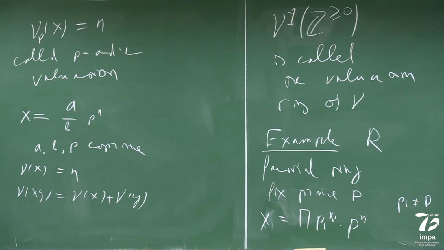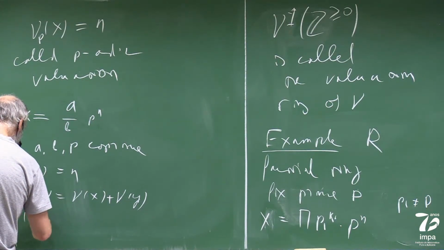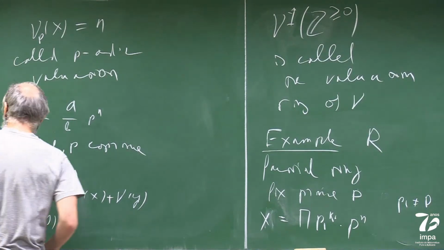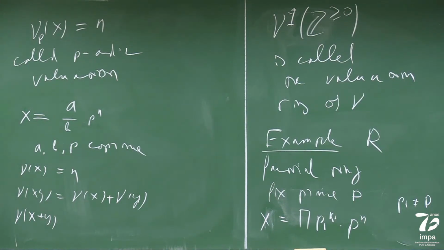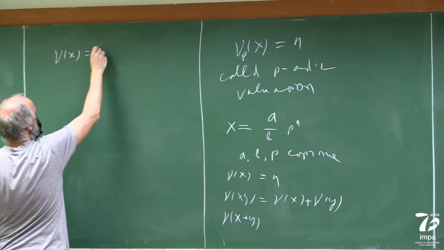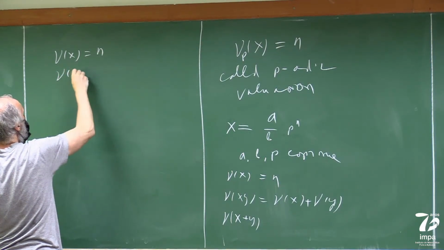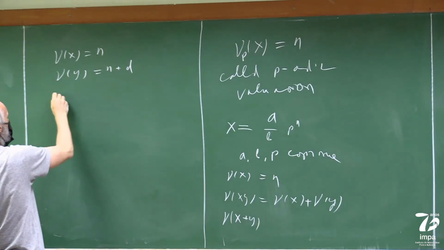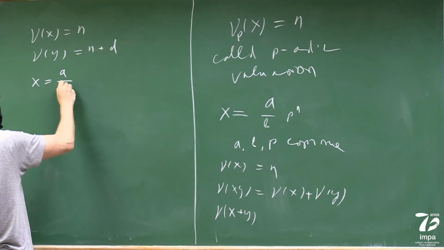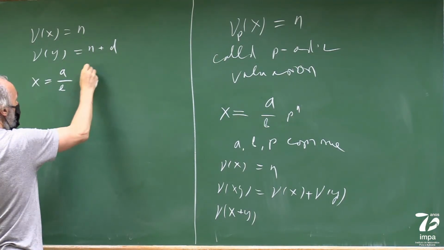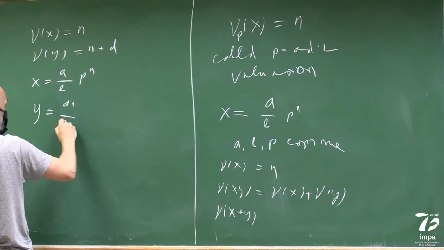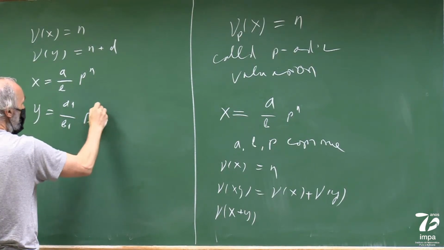The valuation is additive. Now if you have nu of x plus y, and suppose that nu of x is n, nu of y is n plus d, this means that x is a over b times p to the power n, and y is a1 over b1 times p to the power n plus d.